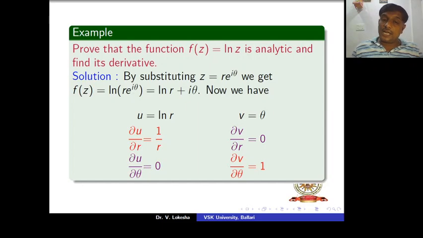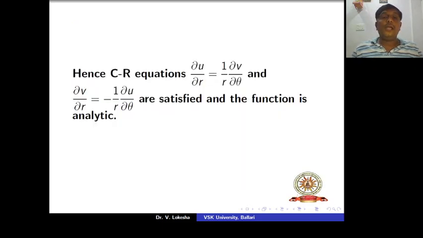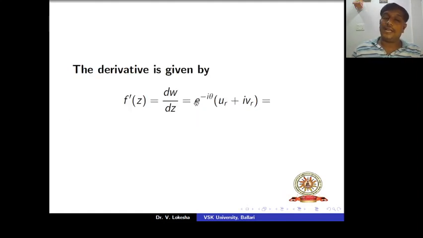Then using the condition, hence by the Cauchy-Riemann equations, ur is equal to 1 by r dou v by dou theta, and dou v by dou r is equal to minus 1 by r dou u by dou theta are satisfied, and the function is analytic.